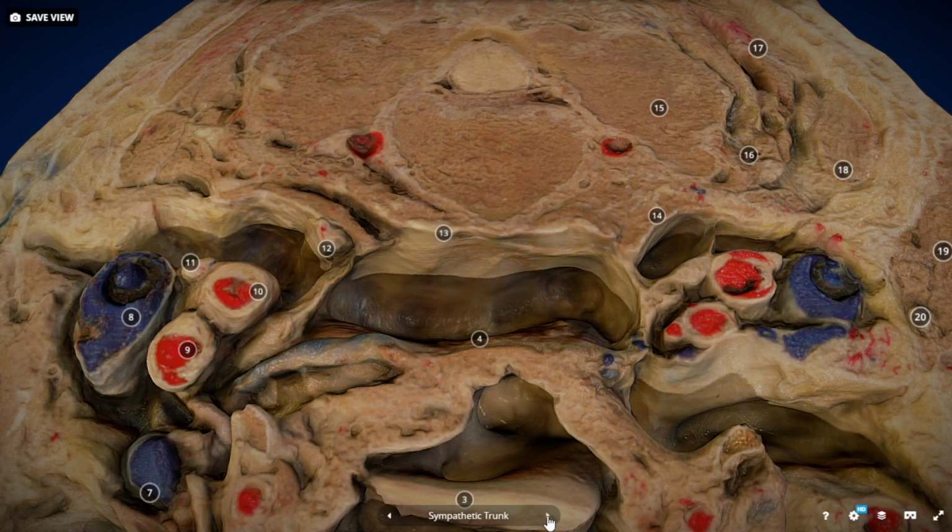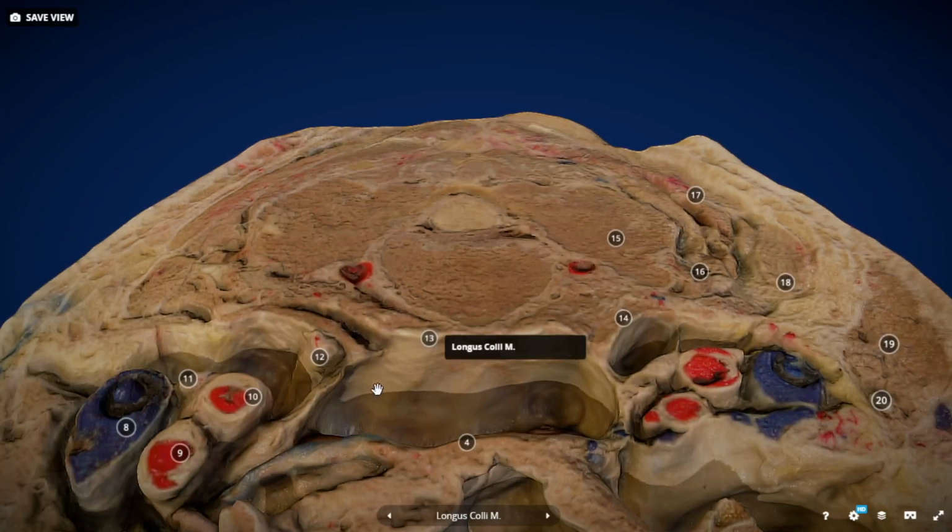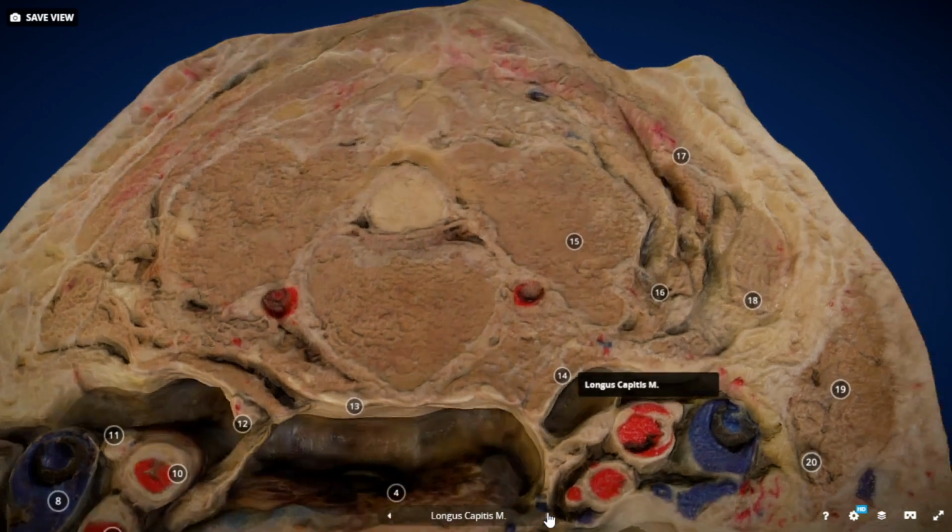Moving medially towards a muscular compartment, whereas laterally there was a vascular compartment, we see the longus colli. If we remember, the superior attachment of the longus colli is at the anterior tubercle of the atlas.